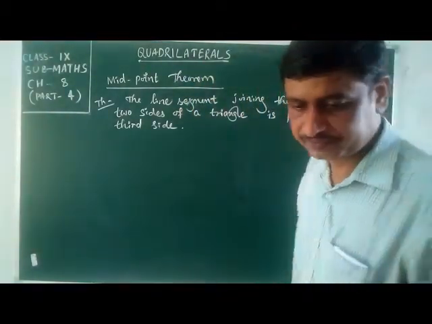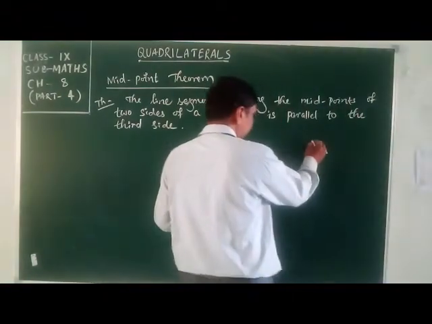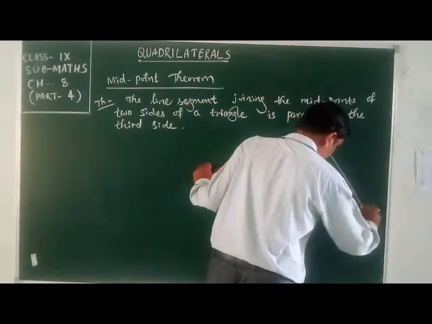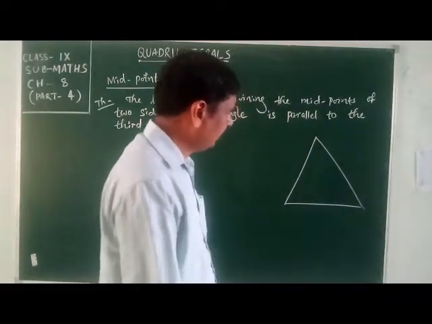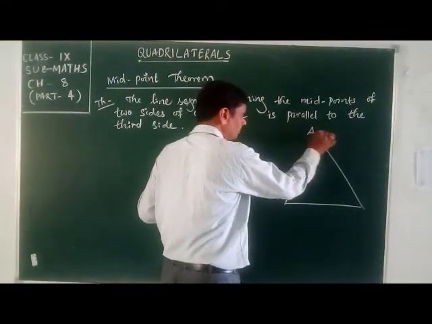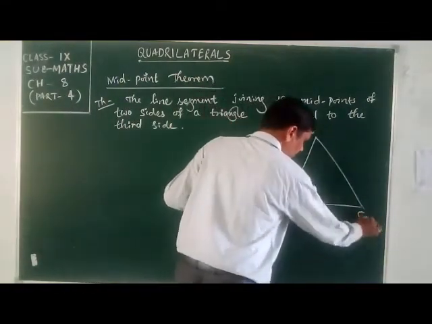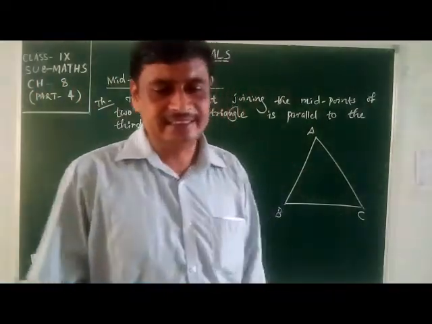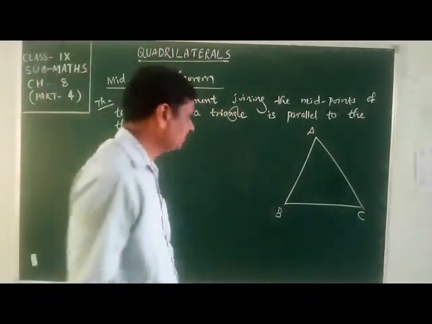Let ABC be any triangle where the midpoints of AB and AC are given as E and F.